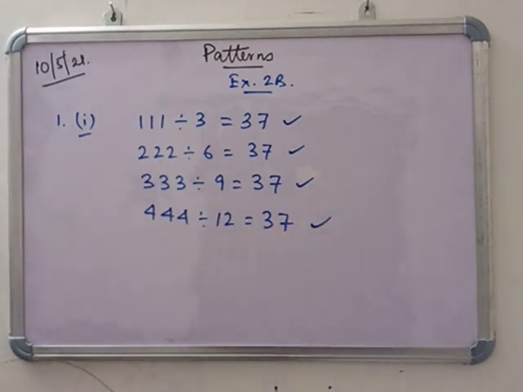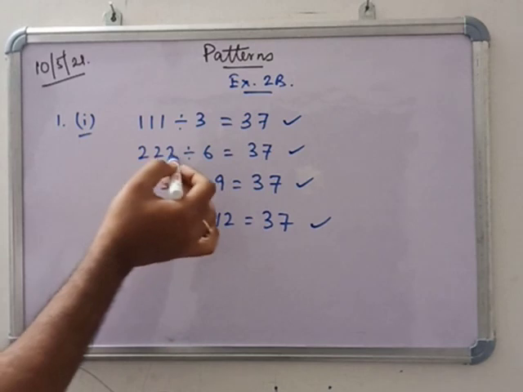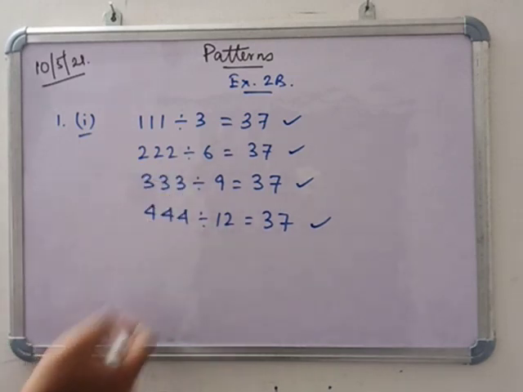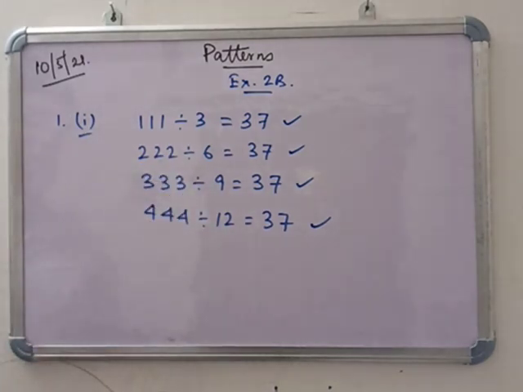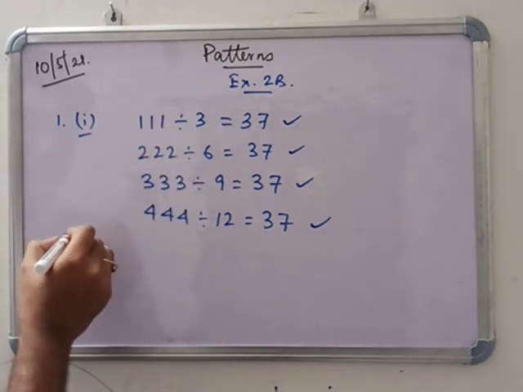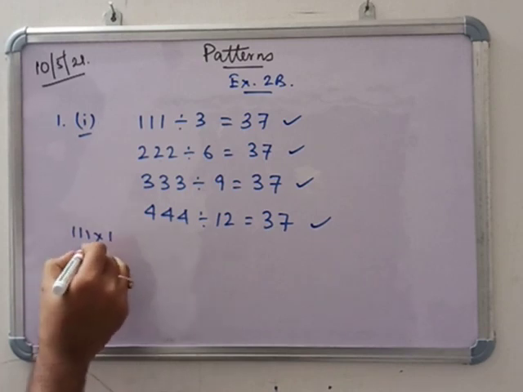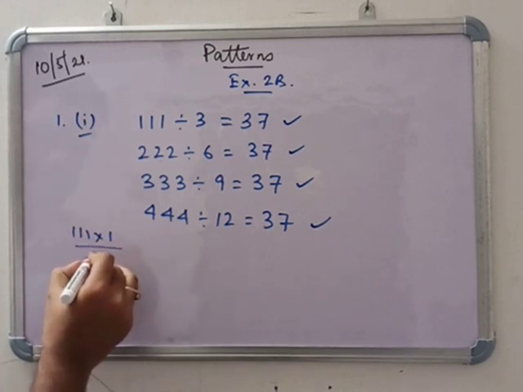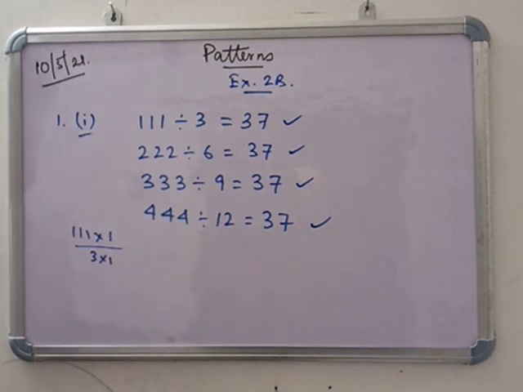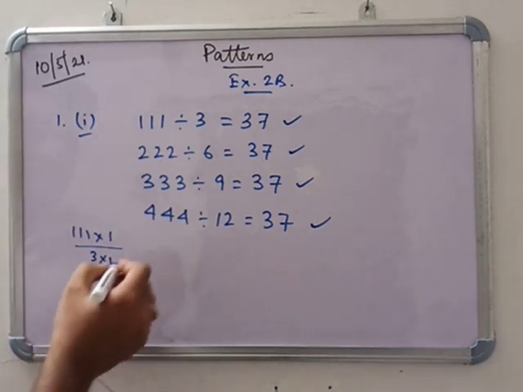Now the pattern is 111, 222, 333, 444. That means 111 into 1 divided by 3 into 1. Clear? This is the pattern.